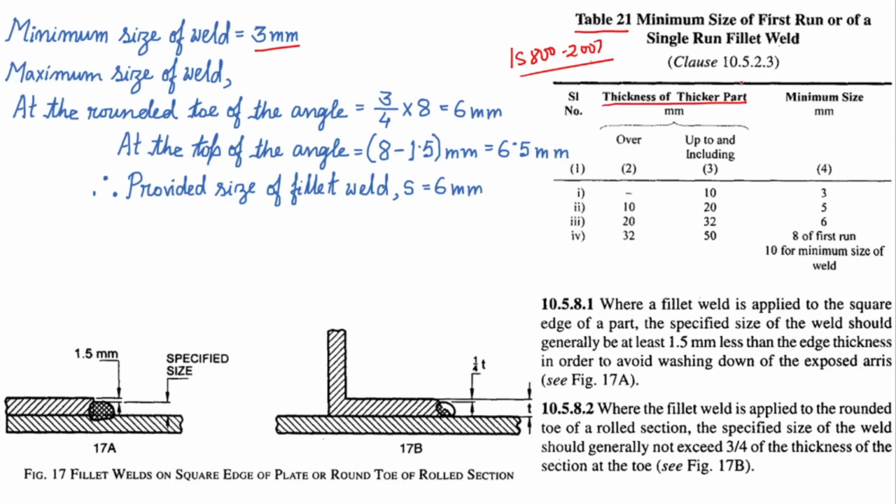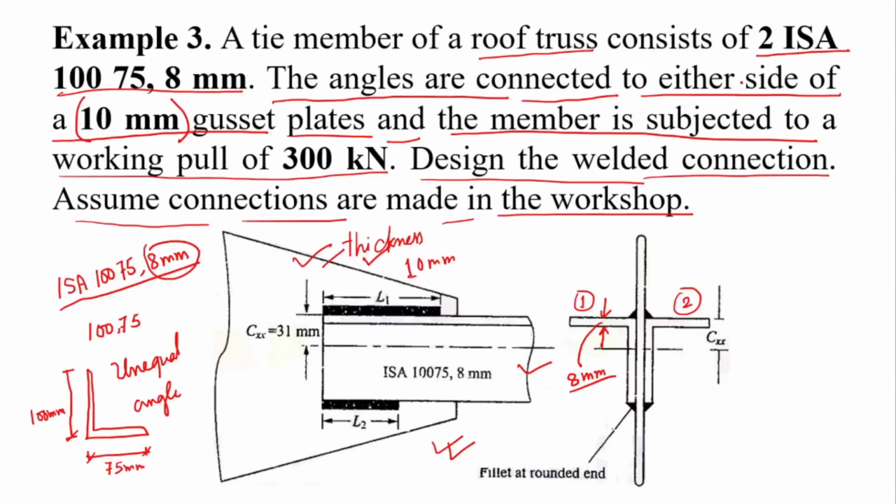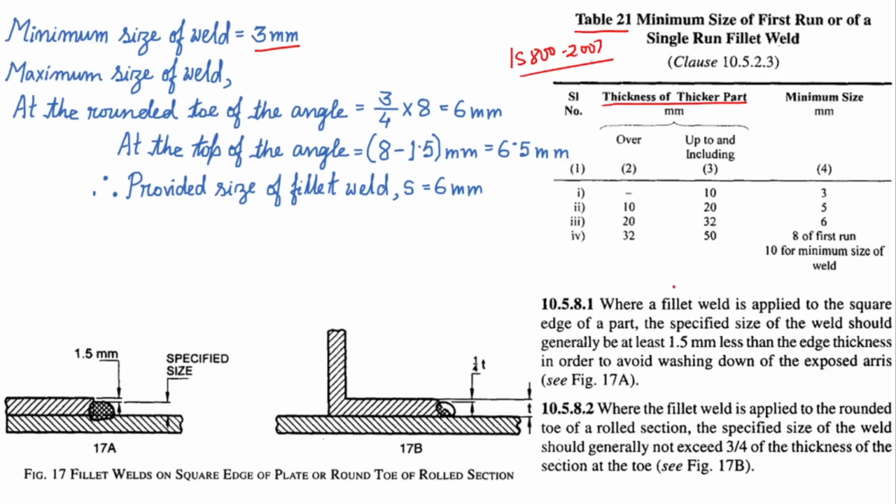So here our thickness of the angle is 8 mm, and then the thickness of the gusset plate is 10 mm. So thickness of the thicker part is 10 mm. So we have to follow the serial number 1, over then up to and including 10 mm. So minimum size of the weld is 3 mm in this case.